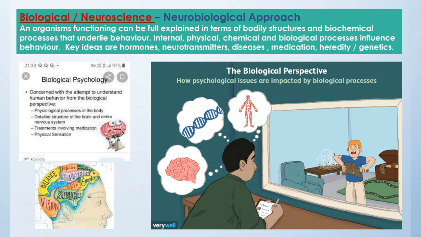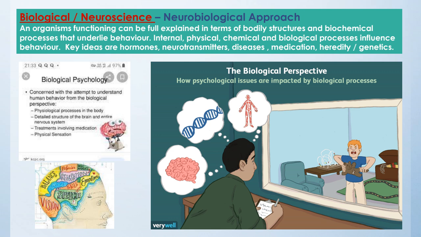Then we have our biological approach, another one. We unpack the biology of behavior in later modules. It's actually very interesting. Any kind of behavior or functioning is explained in terms of bodily structures and biochemical processes that underlie behavior.